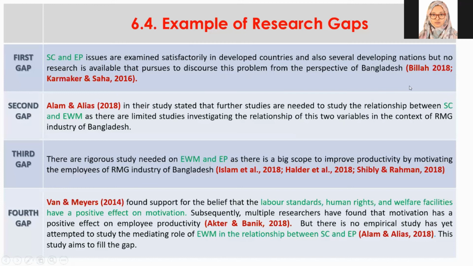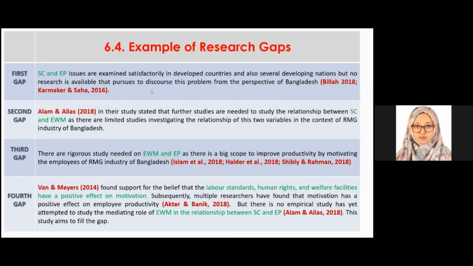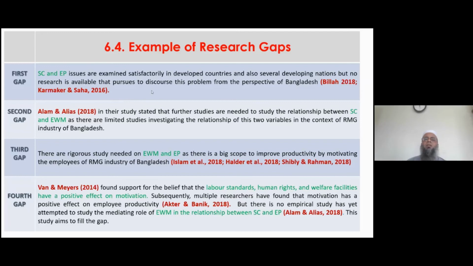See, and these gaps are already found by somebody else. You have to use this as your reference. You find this, somebody already talked about this, and in the existing literature they recommended that there is a gap there. You have to find that one. You have to use the reference as well.